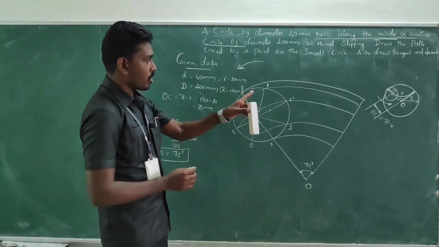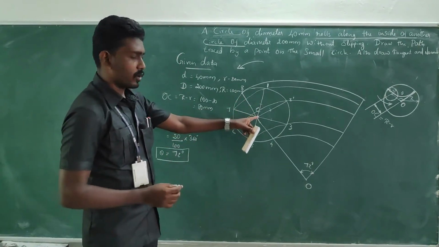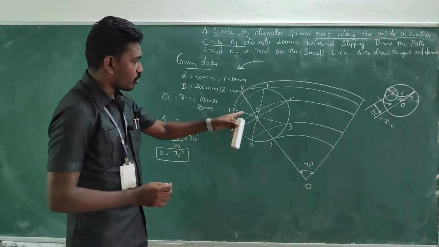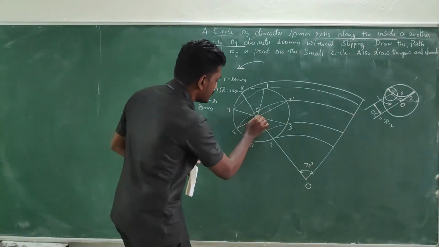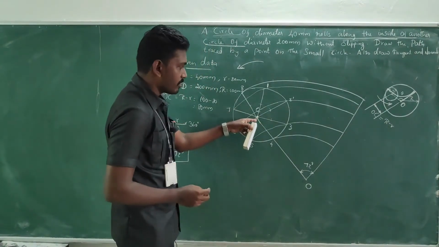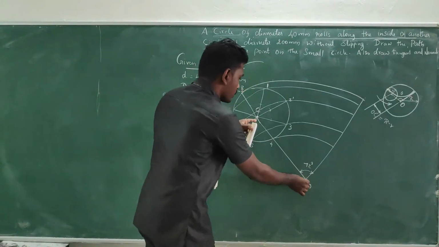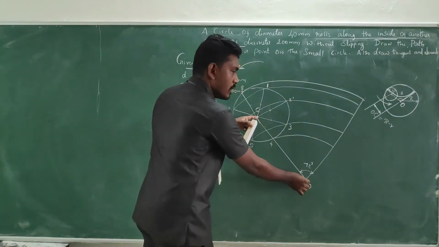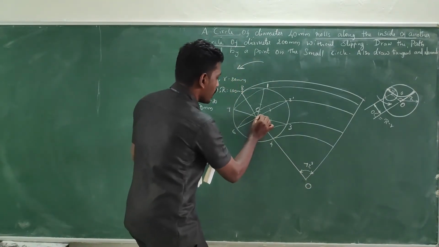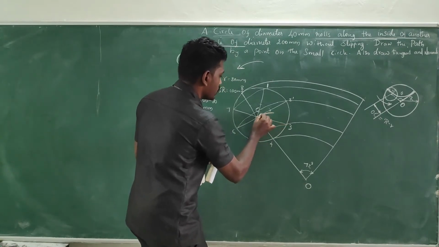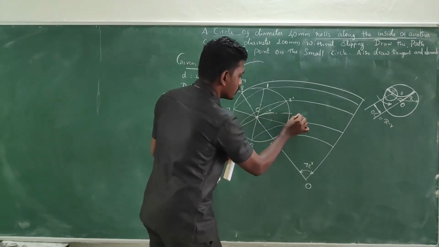So now we have taken all the lines from the circumferential points, and one more is remaining. From the center we have to take the locus. So stretch your compass, measure O to C and go for an arc. And the center arc should be long line dot.